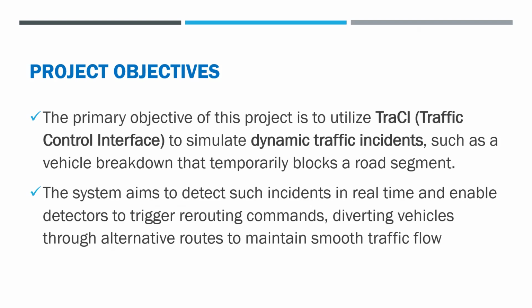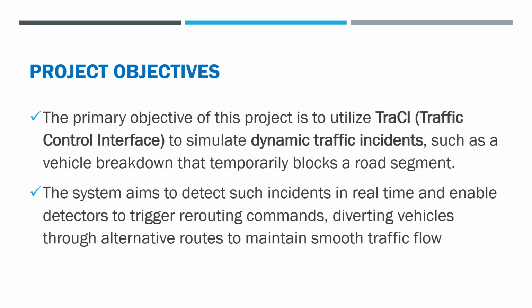The primary objective of this project is to use TraCI, the Traffic Control Interface, a library in Python. It will simulate a dynamic traffic incident, such as one that can occur due to a sudden breakdown of a vehicle, a fire, or a vehicle being out of order. In that case, the vehicle temporarily blocks the road segment.